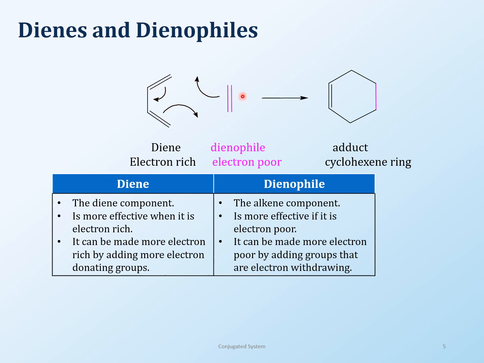If you create more imbalance, then the bond that's formed is going to be a little bit more stable, because you're not really creating a nucleophile or electrophile, but the electron rich diene looks like a nucleophile, but not exactly a nucleophile. So you make the diene more electron rich. Essentially, that's what I'm saying.